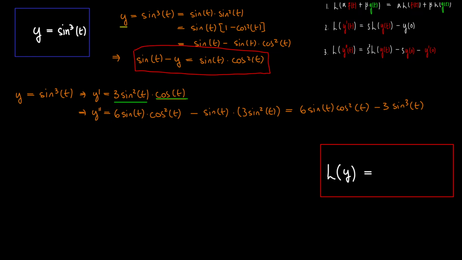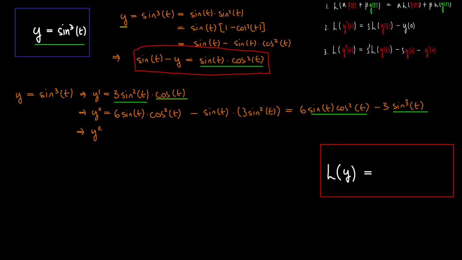Now we are doing something very useful. We're cooking with gas here, because this thing, sine t times cos squared t, appears here. And sine cubed t is exactly what y is equal to. So our equation is going to simplify a lot. What are we going to get?